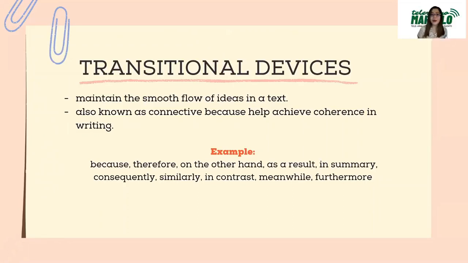And some examples of transitional devices are the following. We have because, therefore, on the other hand, as a result, in summary, consequently, similarly, in contrast, meanwhile, furthermore, and many more.